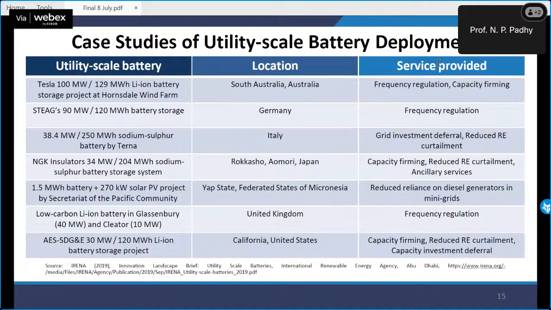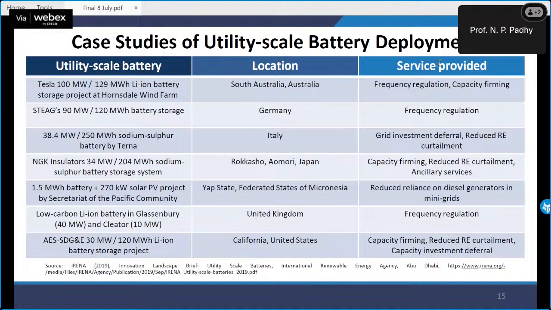Okay, so then we move to the Japan one, which is a 34 megawatt and 204 megawatt hour sodium sulfur battery storage system. And this is for reduced renewable energy curtailment and ancillary services. Then we have the next one, which is a 1.5 megawatt hour battery plus 270 kilowatt solar PV project.